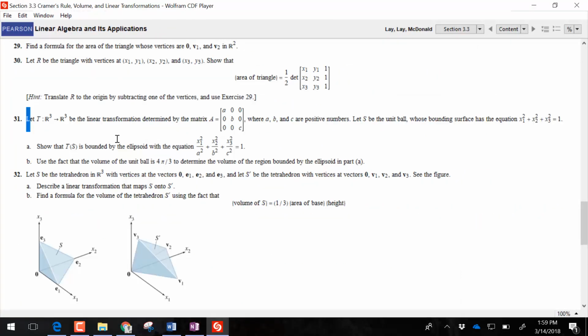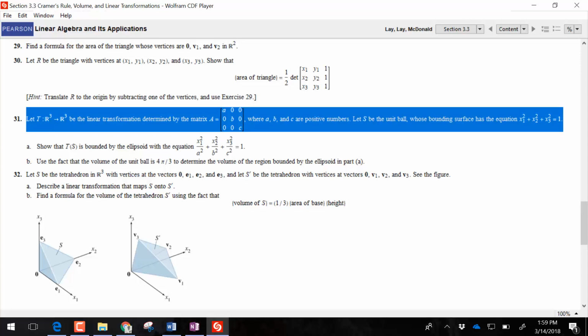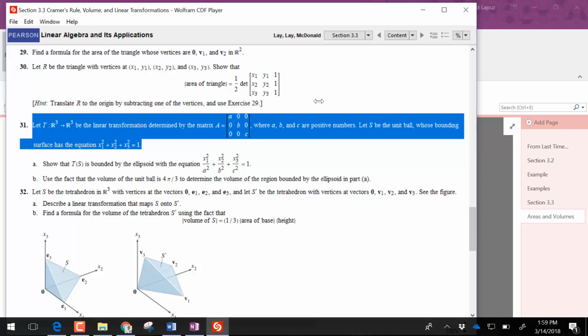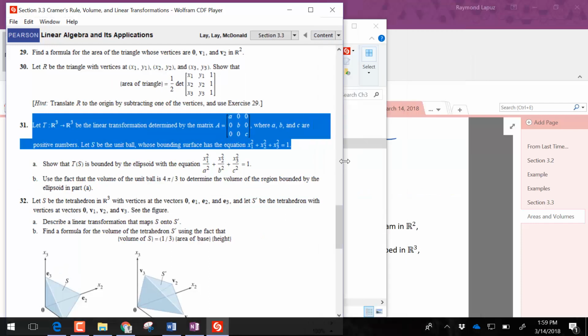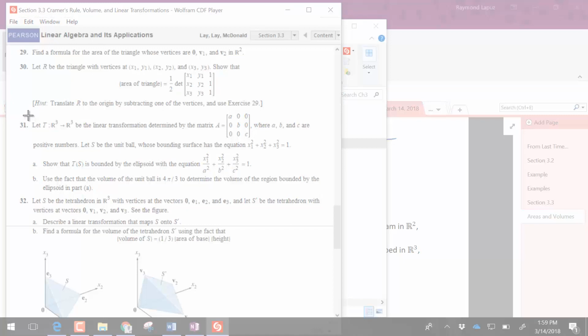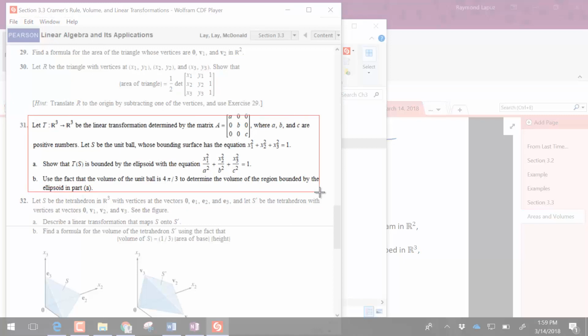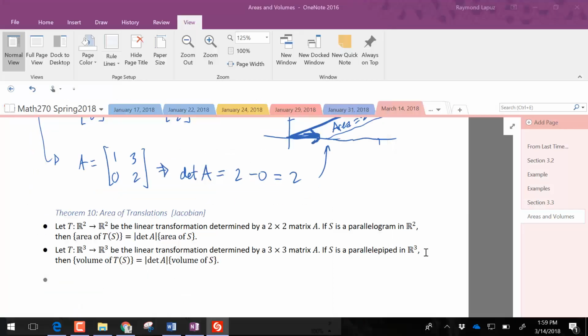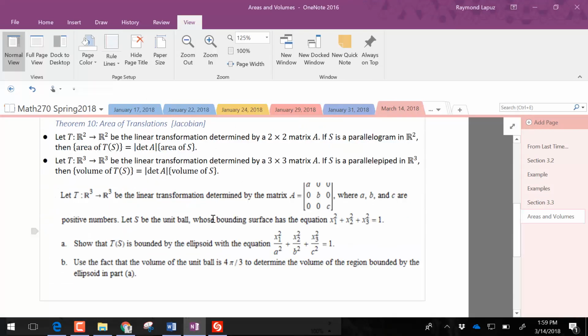Let's look at this simple linear transformation. Oh, we're even going in R3. So let's say we have a linear transformation here determined by this matrix where A, B, and C are positive numbers.